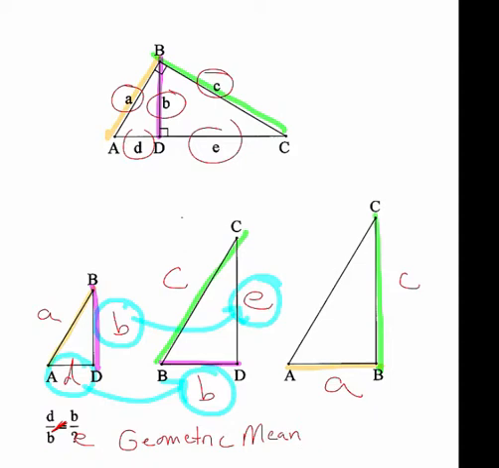And the geometric mean simply is when the same number is across from itself in that proportion.